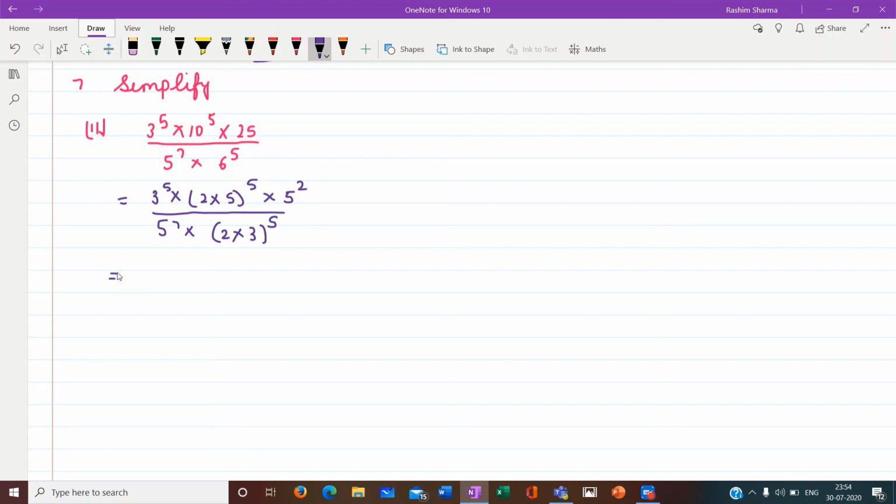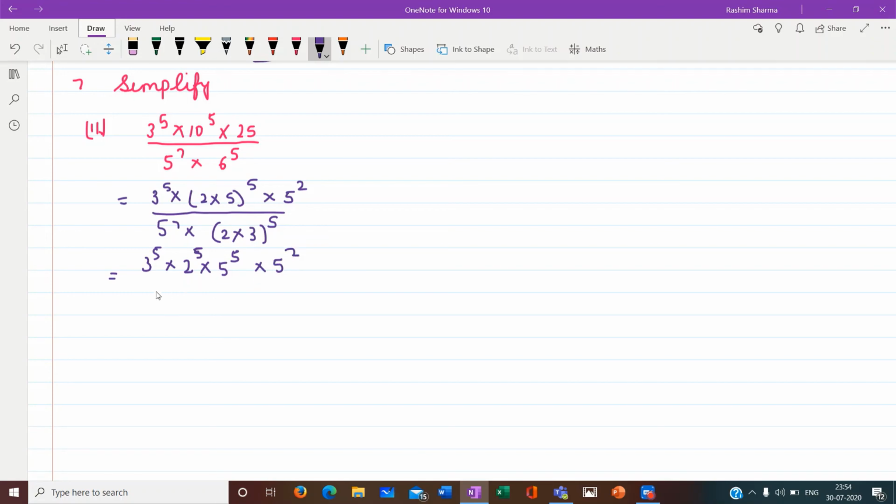Now we will take the powers of the same bases here. Okay. Now here we can see 3 raised to power 5, and here 2 into 5 with common power 5. It means we can write it as 2 raised to power 5 as well as 5 raised to power 5, because that 5 was a common power to both.